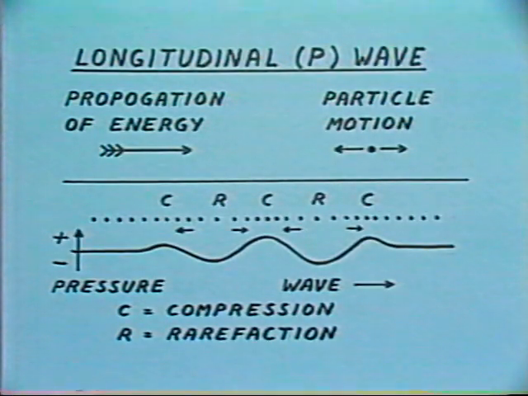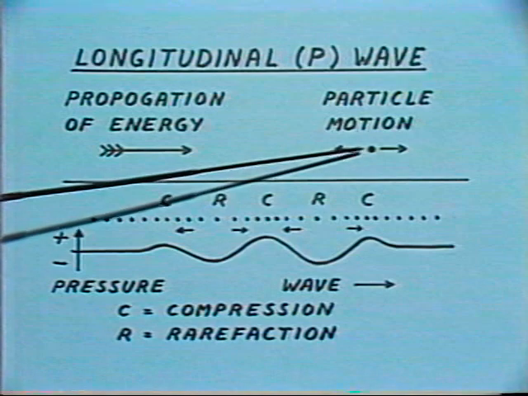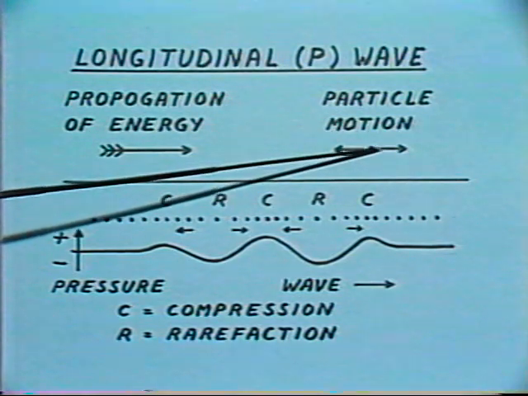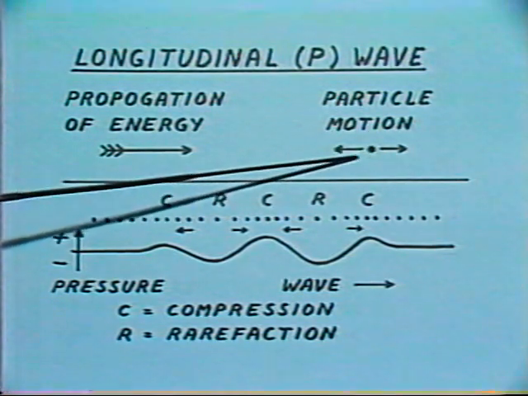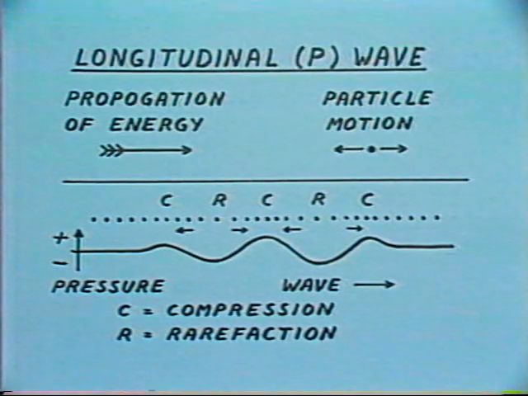Well, beginning with the P wave, as the wave travels through the Earth, if we imagine the Earth as being made up of a series of small Earth particles, the particles in the Earth actually move as the wave travels through the Earth.